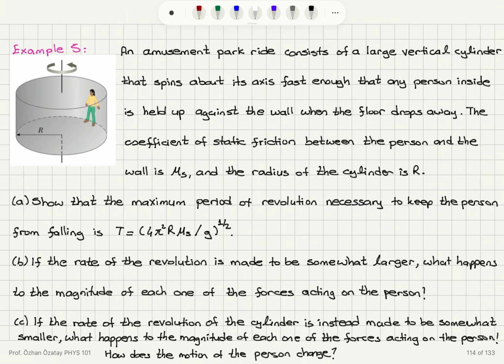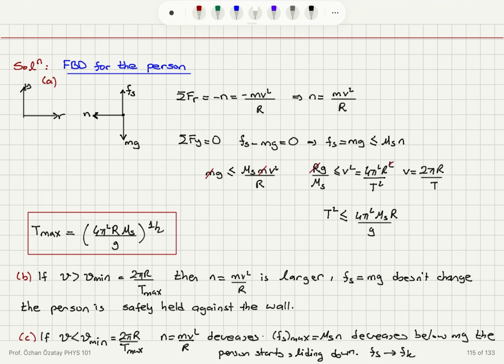And if I have a speed that is greater than the minimum speed or less than the minimum speed, what happens? So first, my free body diagram for the person shows that the normal force is the radial force here. It's mv squared over r.